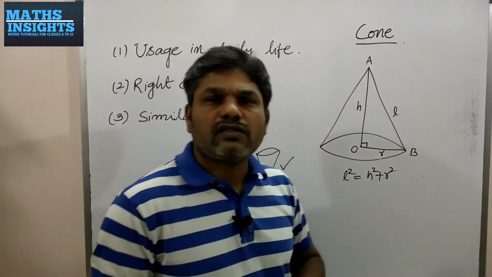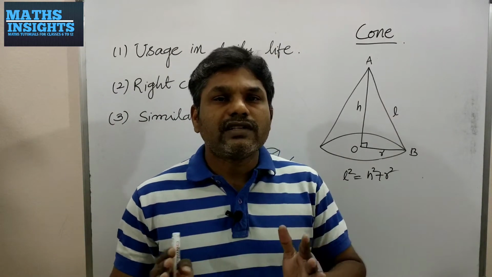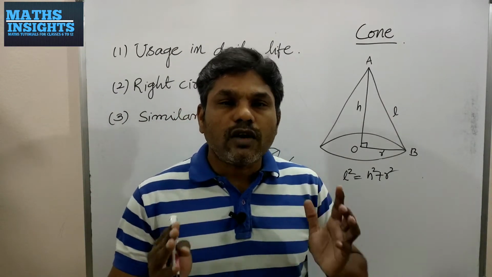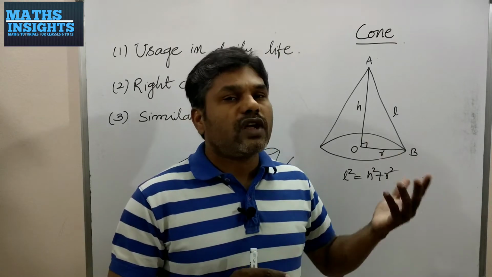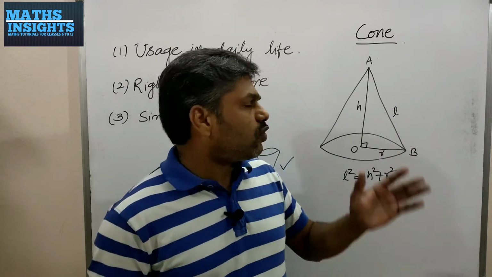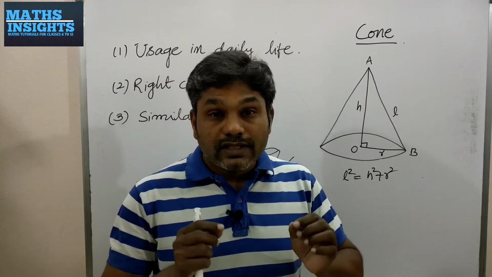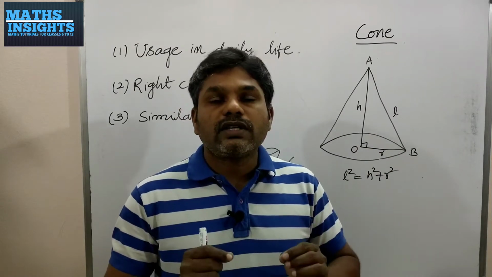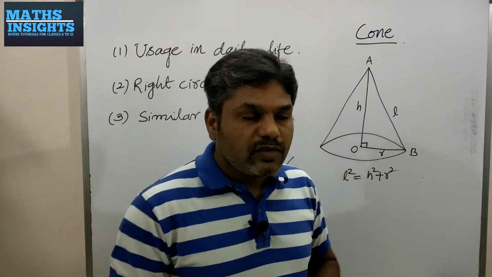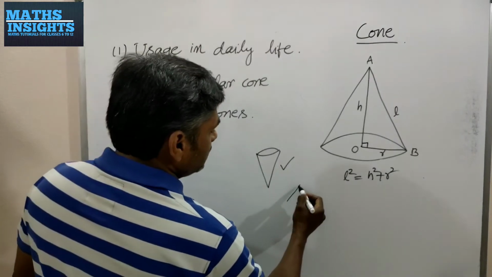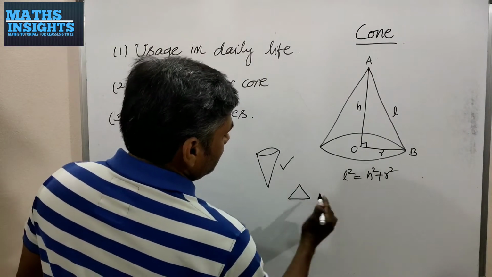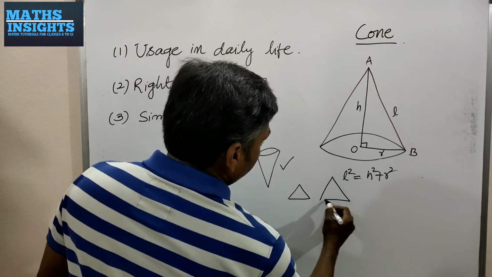Coming to similar cones. Similar cones are very simple. Similar itself says that if any two objects, they may be triangles or circles or cones, have the same shape but different size. I am taking one example. See, this is one triangle and this is another triangle.